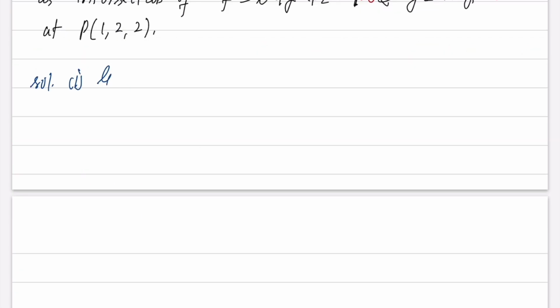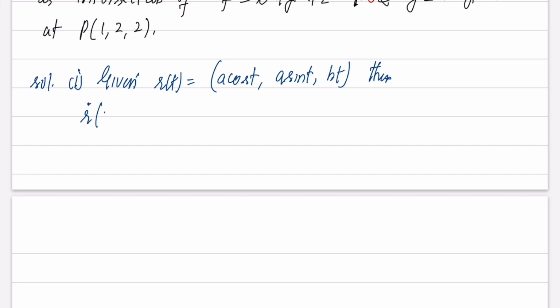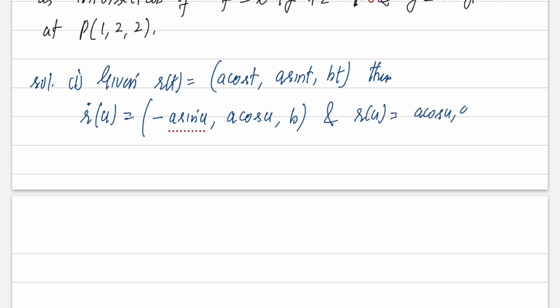Exercise number 1: given r of t is equal to a cos t, a sin t, bt. Then r dot u is equal to, let's take the derivative at u. First the derivative is minus a sin t, but at u it is minus a sin u, and similarly here a cos t at u we will get a cos u, and this is b, and similarly r of u is equal to a cos u, a sin u, bu.